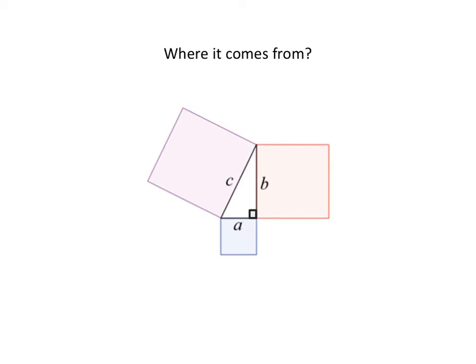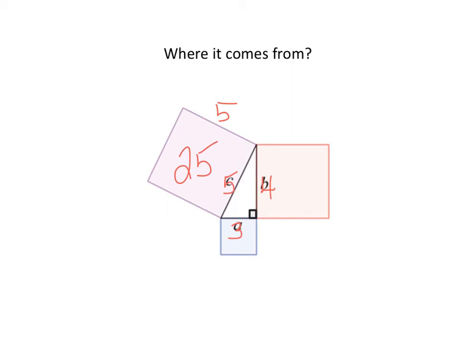So let's do a specific example. If we make this edge right here equal to 5, and this edge 4, and this one 3, I know already that this one works with the Pythagorean theorem. The area of this square would be 5 times 5, so this would be equal to 25.